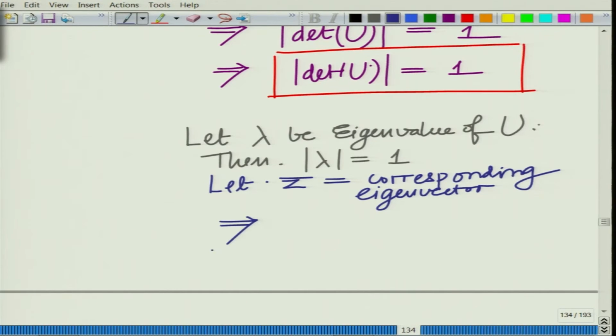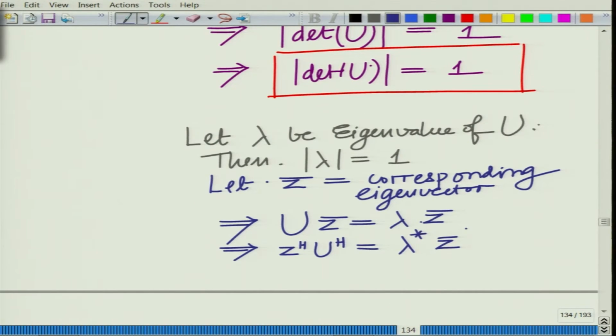This implies U times Z bar equals lambda times Z bar, and this also implies, taking the Hermitian on both sides, that Z bar Hermitian U Hermitian is lambda conjugate Z bar Hermitian.